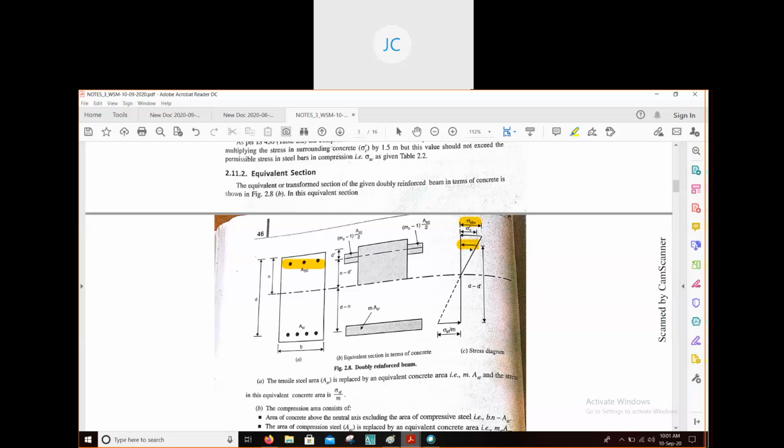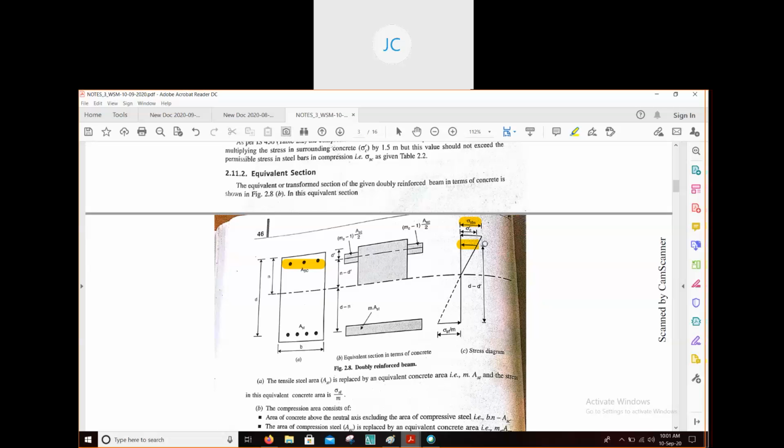This value we will represent by sigma C dash: sigma for stress, C for compression. It is the stress in steel in compression. The other portions are the same.